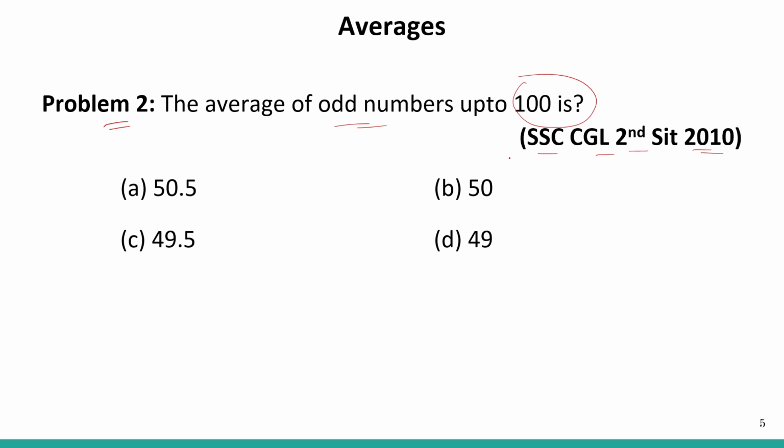So what we can do from here is, we know the sum of the first 50 numbers is equal to 50 into 51 by 2.